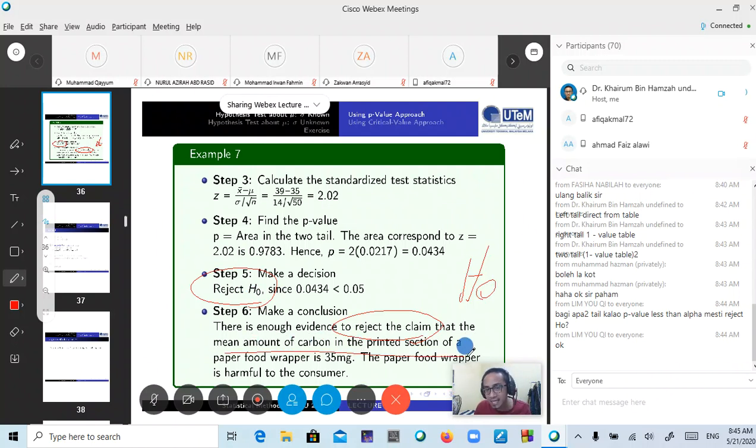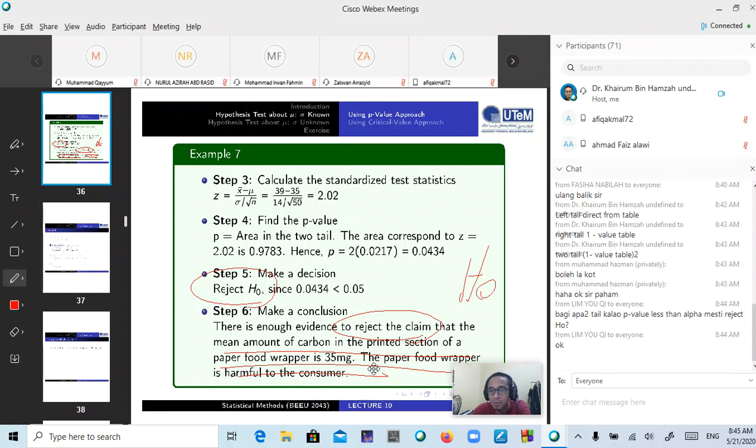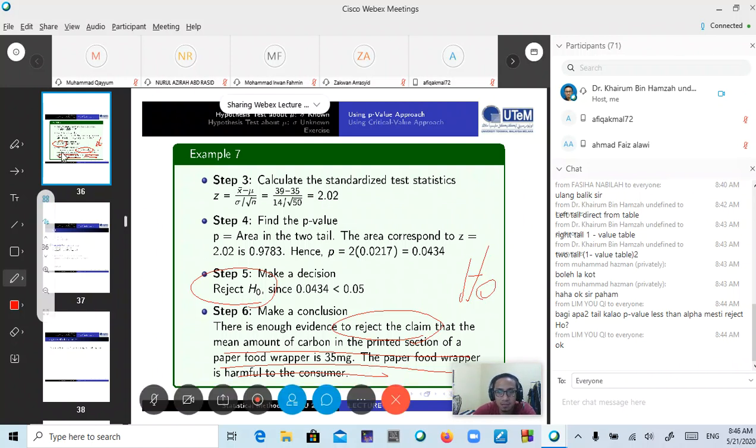Copy balik je ni ayat daripada soalan. Okay? Any problem on p-value approach before I proceed to critical value approach? Ada soalan tak? Tak ada. Okay. Next.